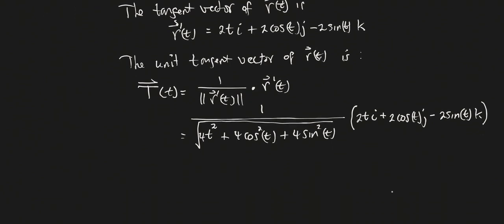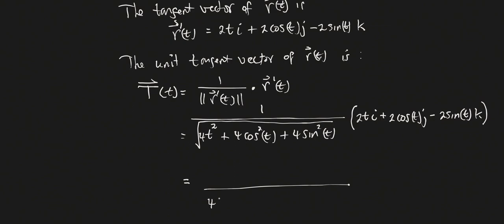Now, it would be really nice if we could simplify this. Sometimes we can't. Sometimes the magnitude is just that complicated. There's not much we can do. But if we look closely, we see a 4 cosine squared plus 4 sine squared. In fact, all the terms have a coefficient of 4.